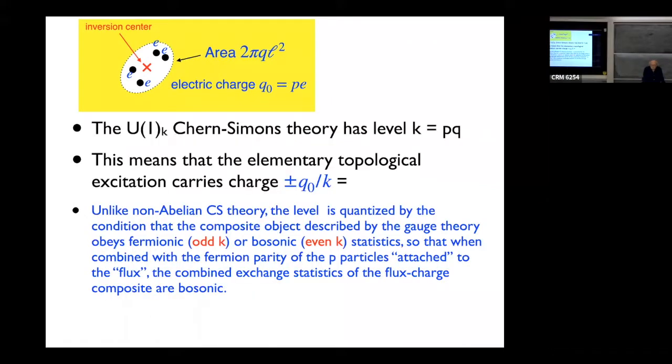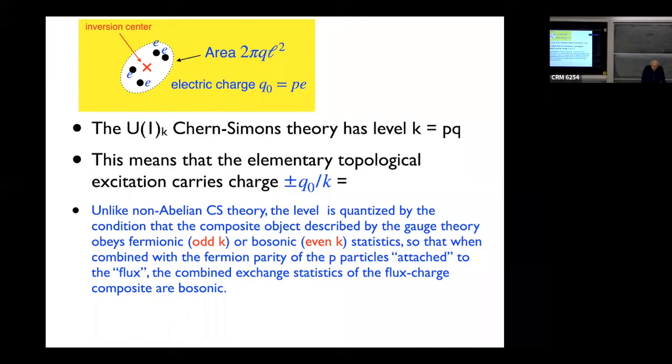So given these two numbers p and q, the level of the Chern-Simons theory k is equal to pq, and the elementary topological excitation carries a charge given by 1 over k times the charge of the composite boson.